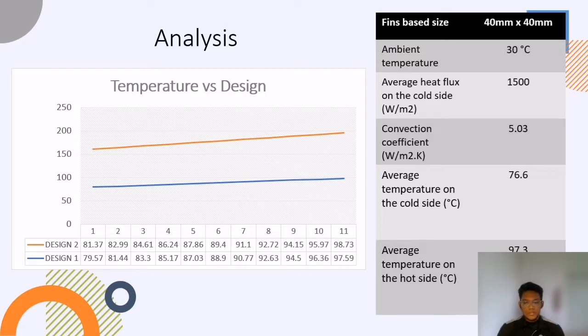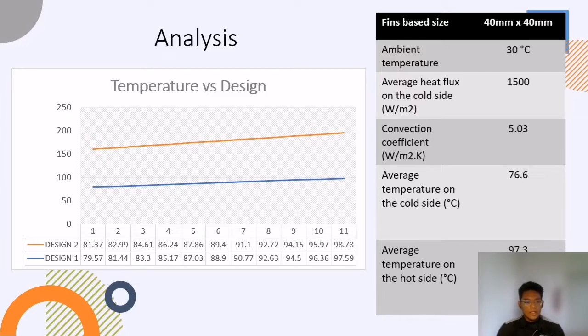expected around 97.3. So based on our analysis, we made a chart, temperature versus design, and you can see that the lowest and the highest temperature is around the given guidance.